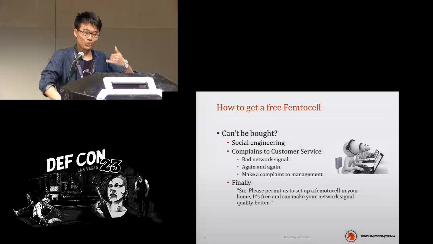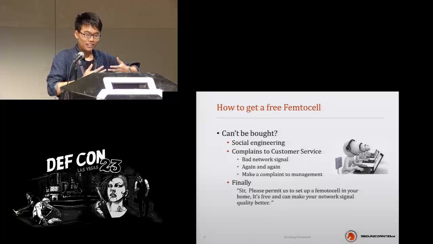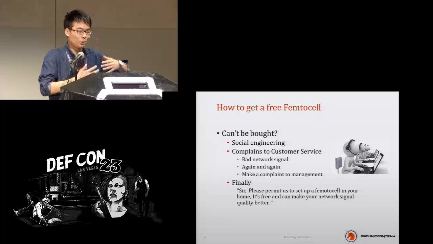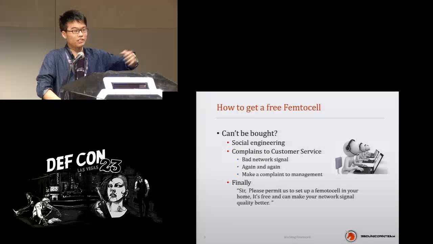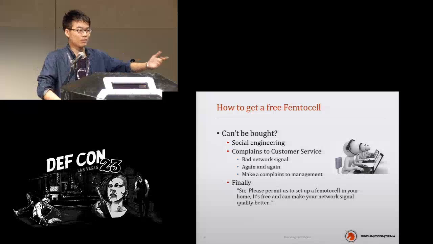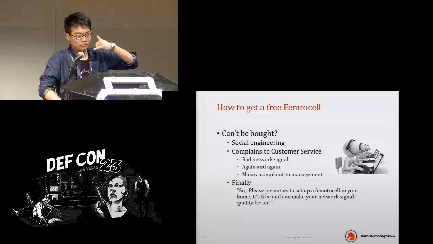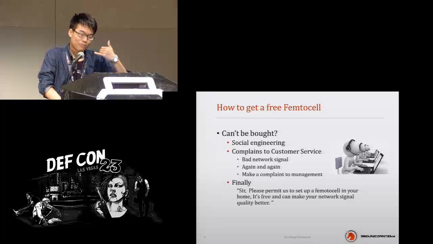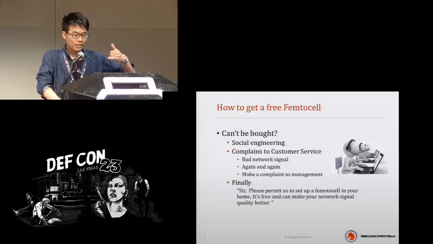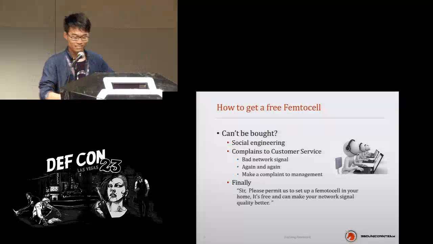So you can make them call again and again. Finally, you can make a complaint to the management department, and this department will call them and tell them they should solve this problem. And finally, we received a phone call: sir, please permit us to set up a Femtocell in your home, and it's free, and it will make your network signal quality better. So, well, we get it.